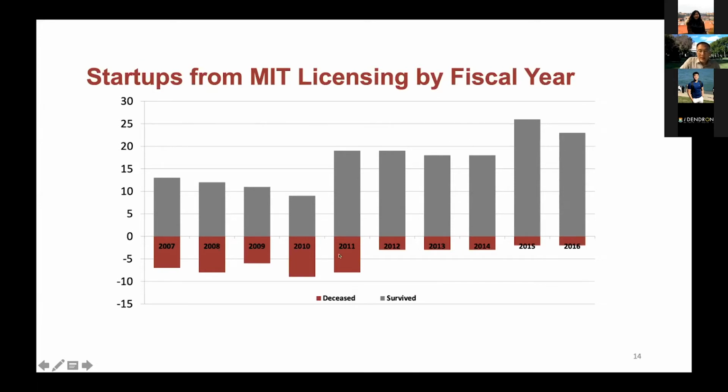And actually the survival rate is very high, typically over 30%. Compared to the typical startup survival rate of around 10%, it is more than 3 times higher.